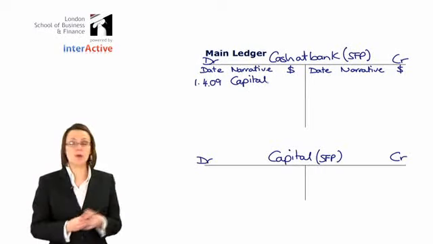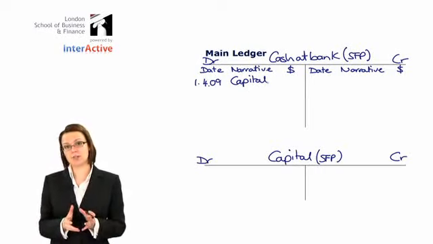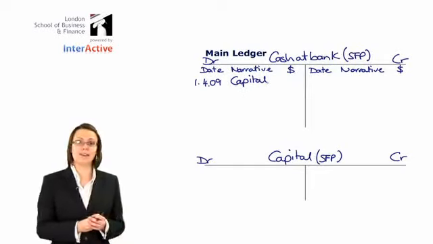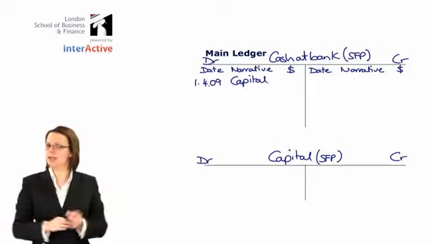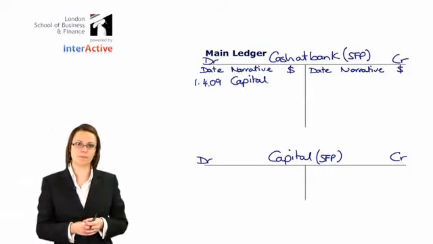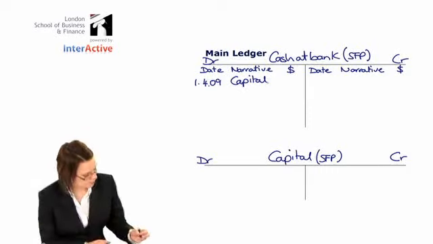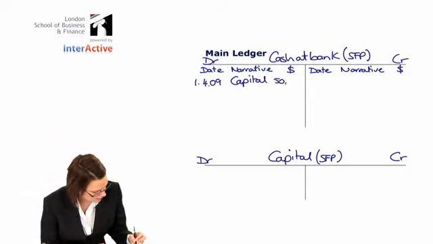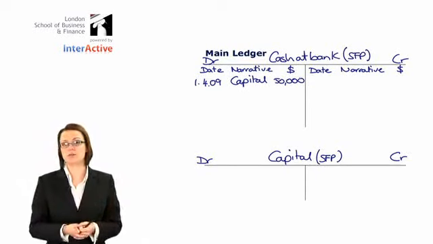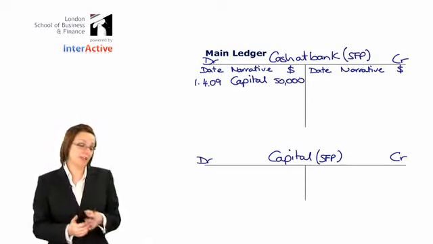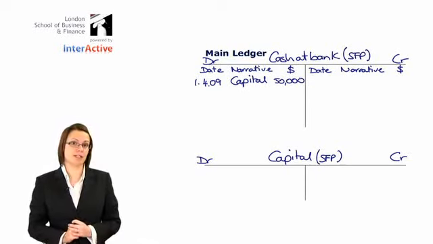Okay, so we're posting the opposite credit entry to capital, but we're writing that in there just so the bookkeeper can trace the double entry to make sure it all works. The amount we said was $50,000, and that's what we're going to pop under the amount, the dollar sign. That is it. The debit entry is posted.